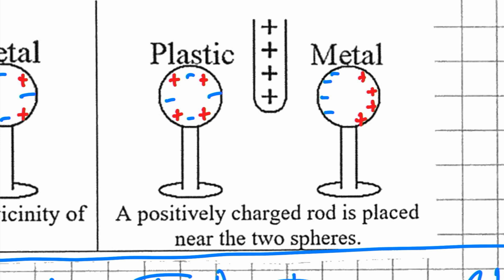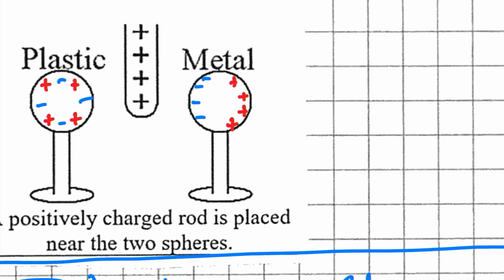That would be impossible. I'm just showing the excess. So the electrons have all moved over to the left, and what that does is leave positives on the right. The positives did not move over to the right side. It's the electrons that move to the left, and the positives then remain on the right. And there are still negatives here on the right. There are just more positives than negatives.